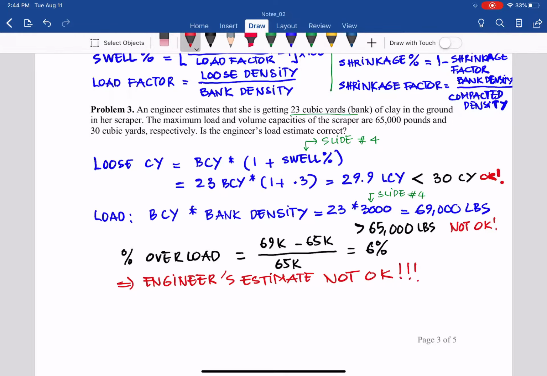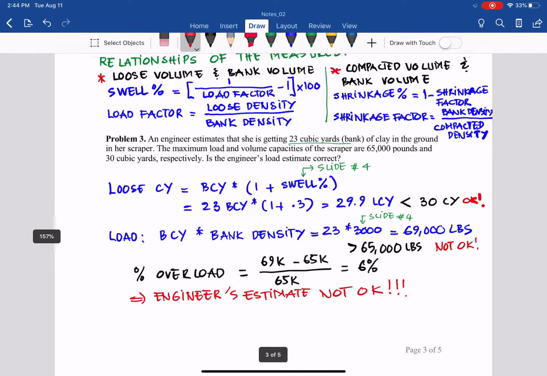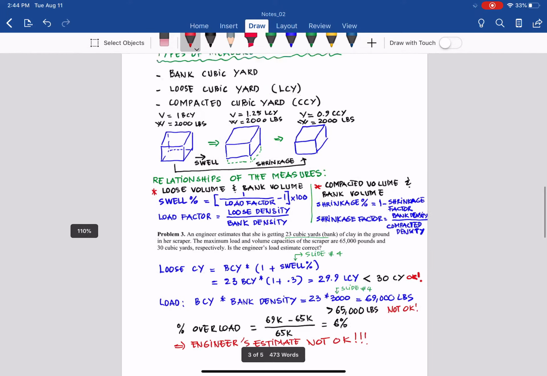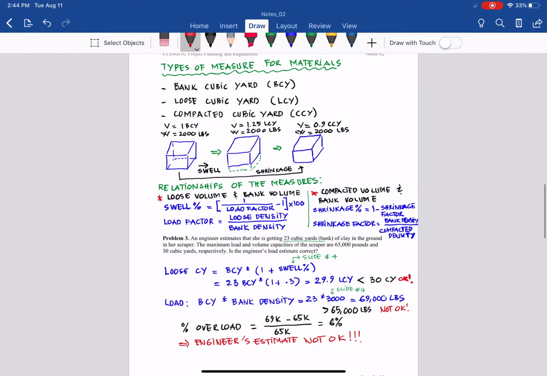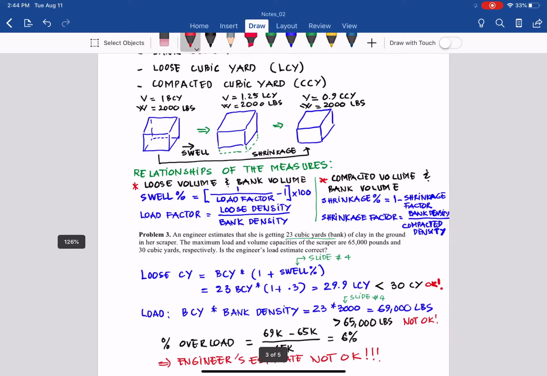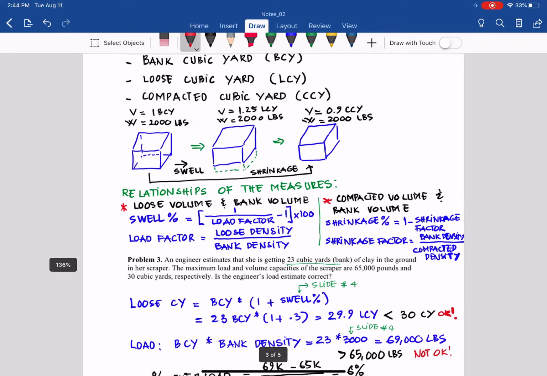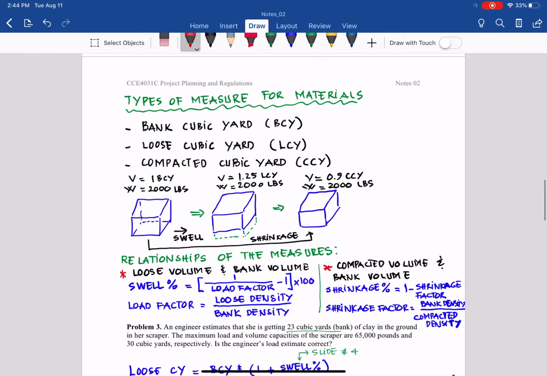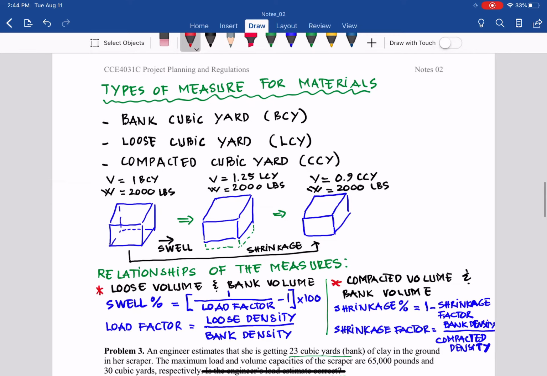So keep that in mind. When you do this, we have to look at all the dimensions, and for the material volume, the unit of measure, we need to specify whether it is BCY, LCY, or CCY, to make the problem realistic and make you do a correct estimate.